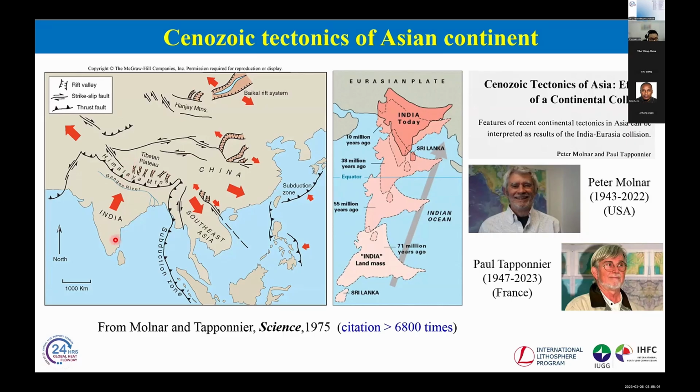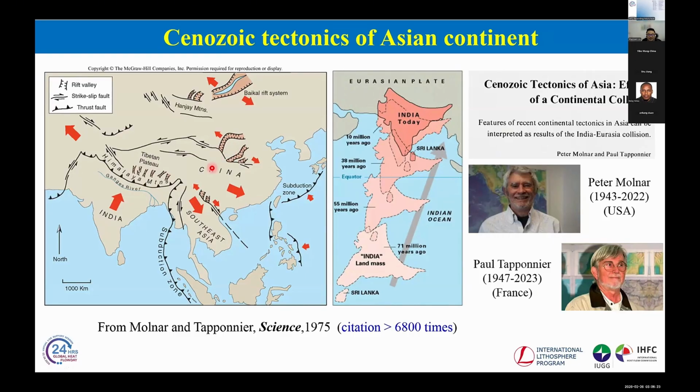If India pushes into the continent of Asia, it can make the rock escape, such as Southeast Asia, South China, North China, also associated with the rifting of basins, such as the Baikal rifting. These are some sedimentary basins around this plateau.